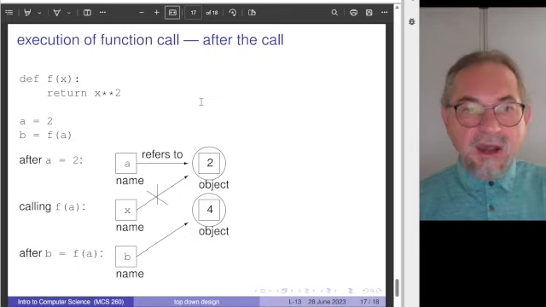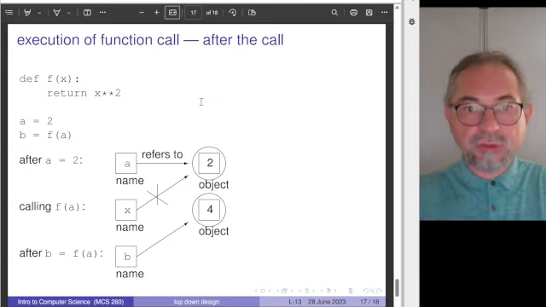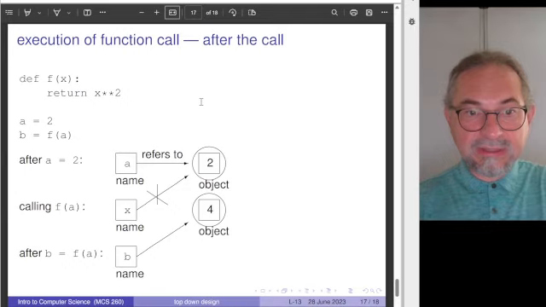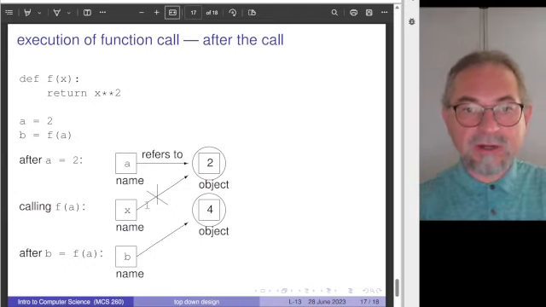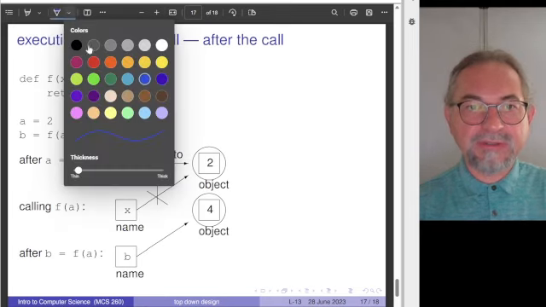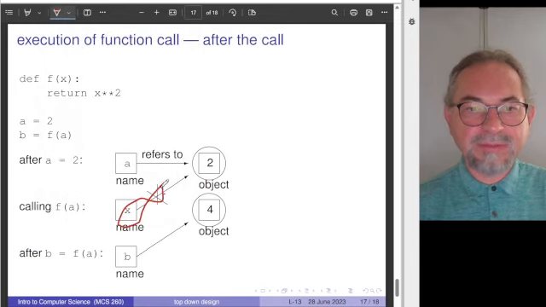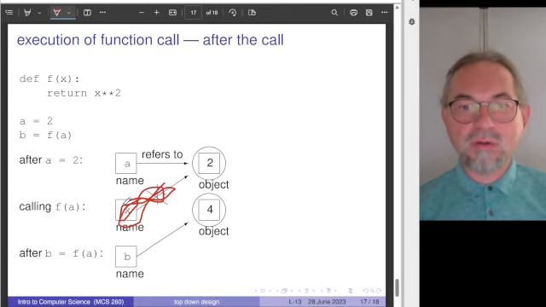Then after the call, we are going to assign the value 4, so the function will return 4. So the 4 will exist. The name x will actually no longer exist. I can probably emphasize this a little bit better than I do on my slides. What happens is that after the call, x no longer exists.